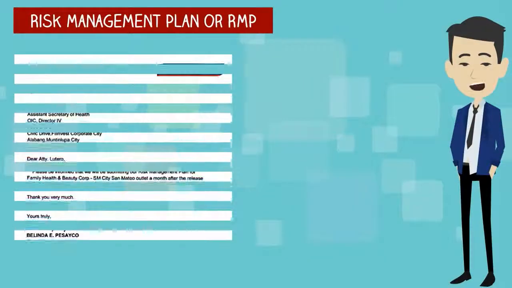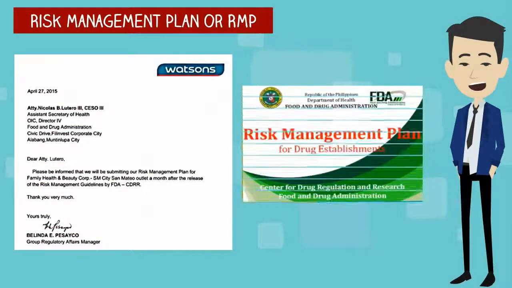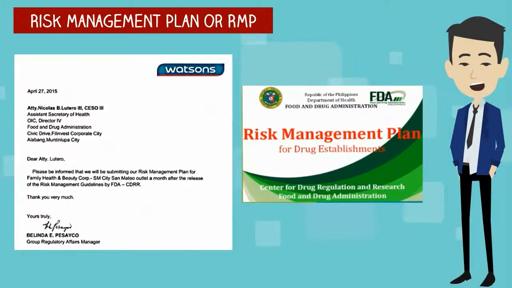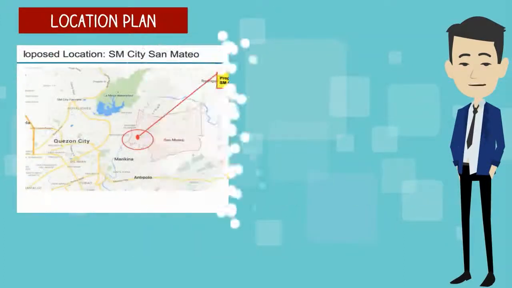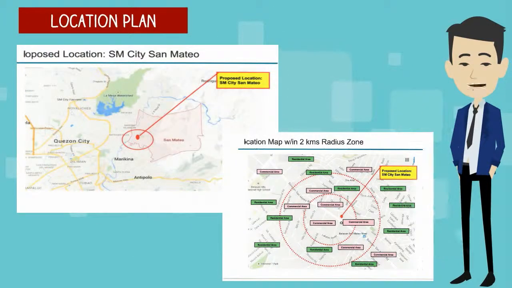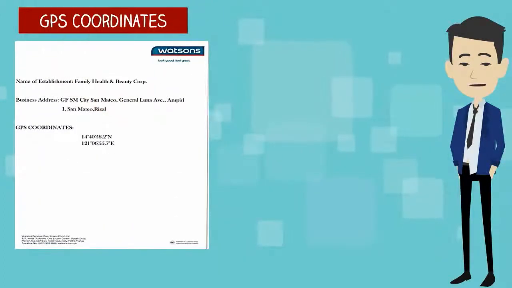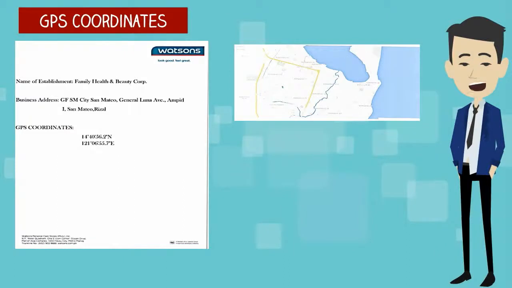The ninth requirement is the Risk Management Plan or RMP. It is designed to identify, characterize, prevent or minimize risks relating to medicinal products. 10th requirement is the Location Plan. This is a sketch of the location of the establishment that indicates clear directions with identified landmarks. Following the location map is the 11th requirement, which is the GPS coordinates.